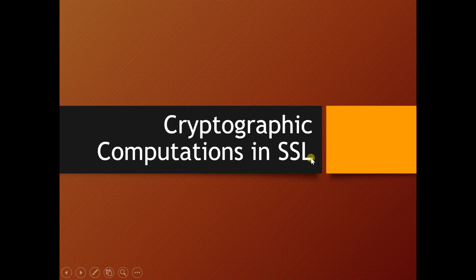Initially we looked into the SSL protocol stack. There we saw that the SSL protocol stack consists of various protocols, TCP, IP, and after that we looked into the four main protocols: the SSL record protocol, the SSL change cipher spec protocol, the alert protocol, and finally the handshake protocol.